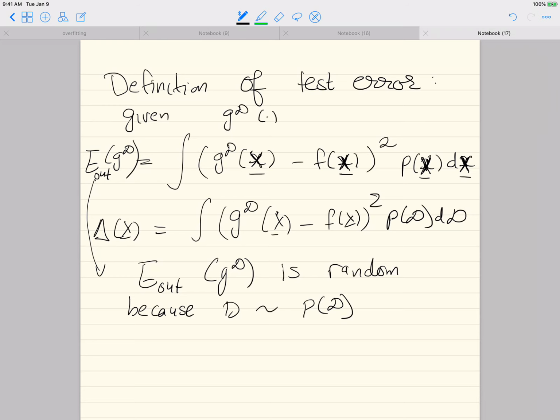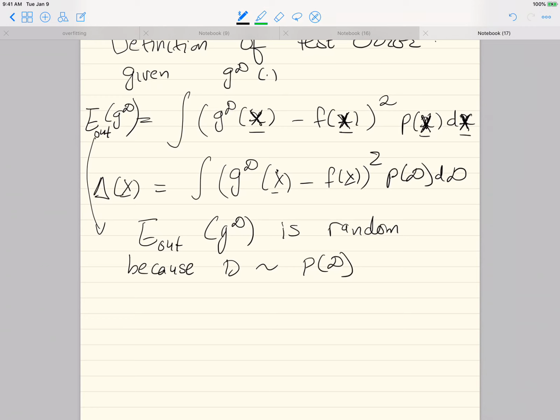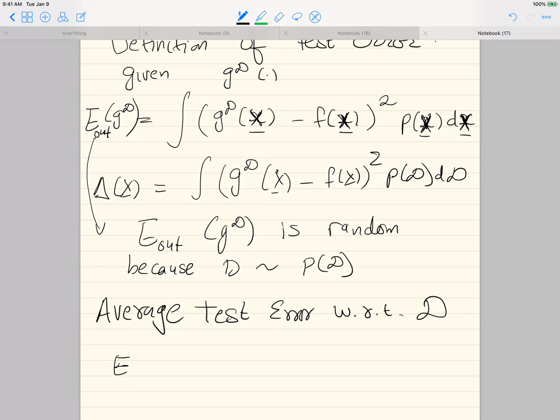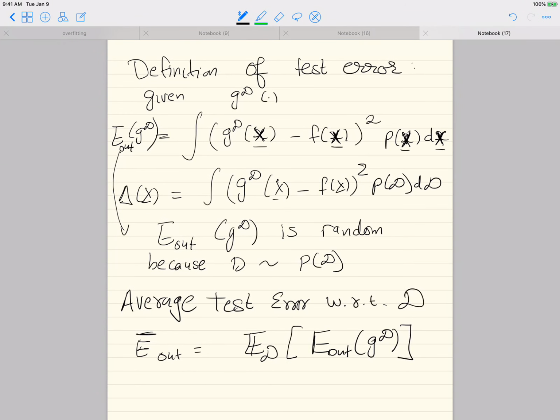To know how good a hypothesis class is, whether it is overfitting or underfitting, I will define the average test error with respect to our training set D. I will define E bar of out, which is the expected value over D of E out of GD. So I compute the test error and I take the expectation of E out of GD.